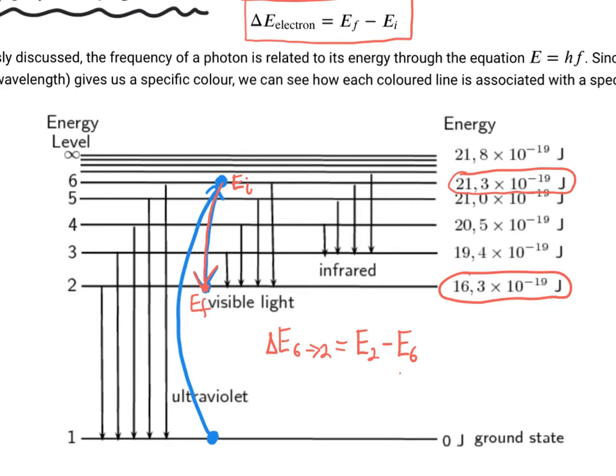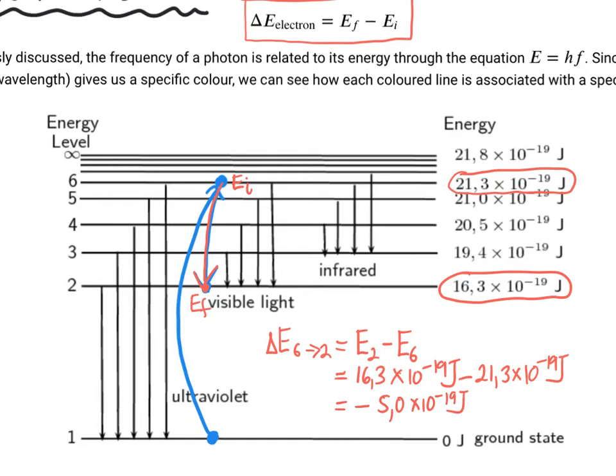Then the final energy of the electron is going to be 16,3 times 10 to the minus 19 joules minus the initial energy of the electron, which was 21,3 times 10 to the minus 19 joules. And this equals minus 5,0 times 10 to the minus 19 joules.